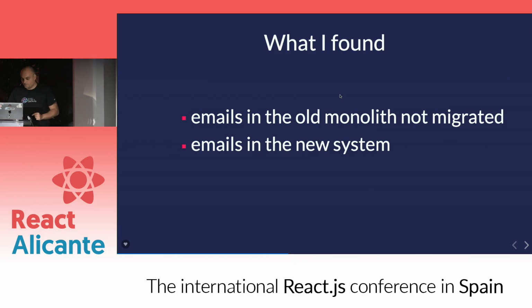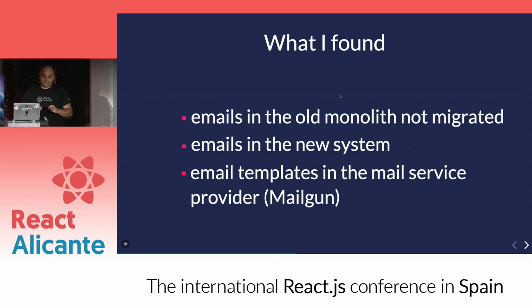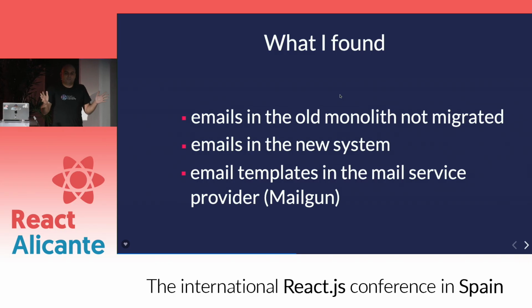And then I found out that we also have email templates in Mailgun. So, of course, I didn't find the footer because it was in one of those email templates in Mailgun at the bottom. I didn't like this, so I said, let's do something about it.